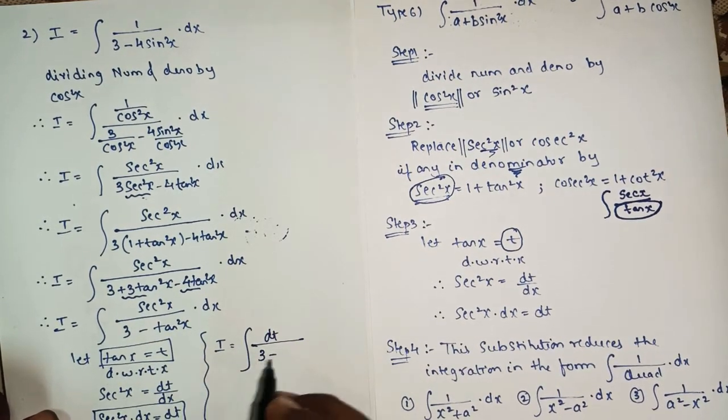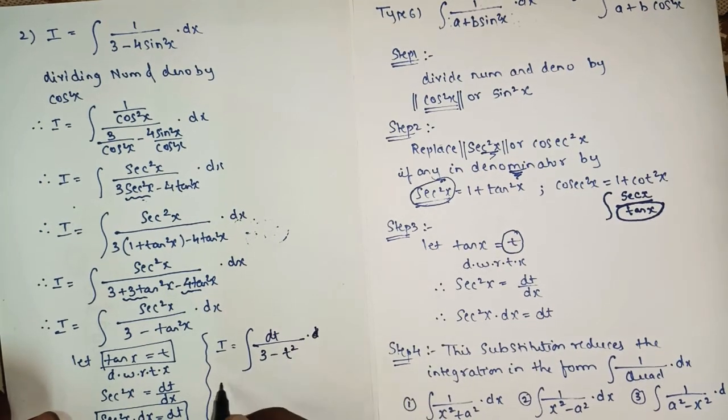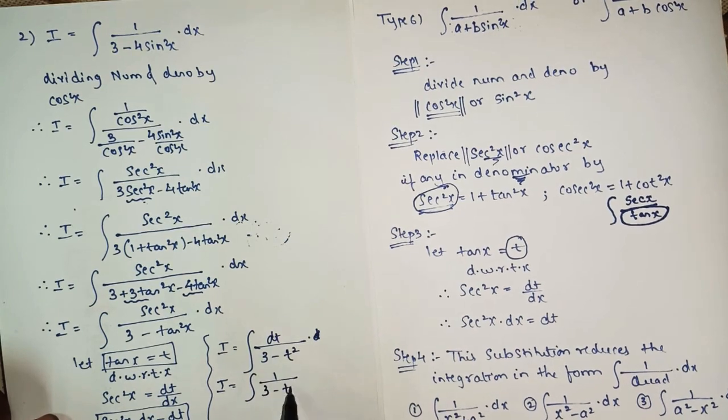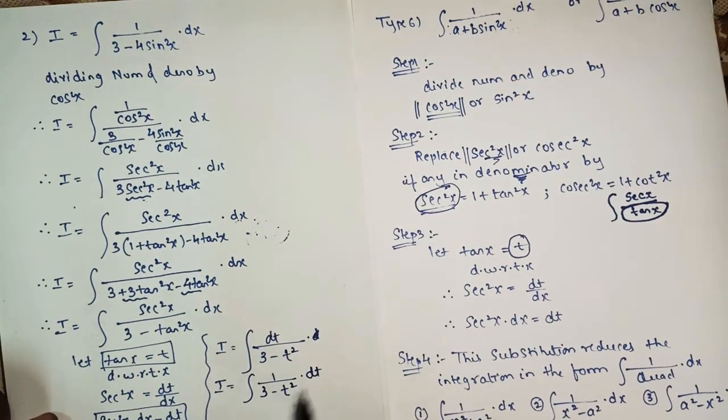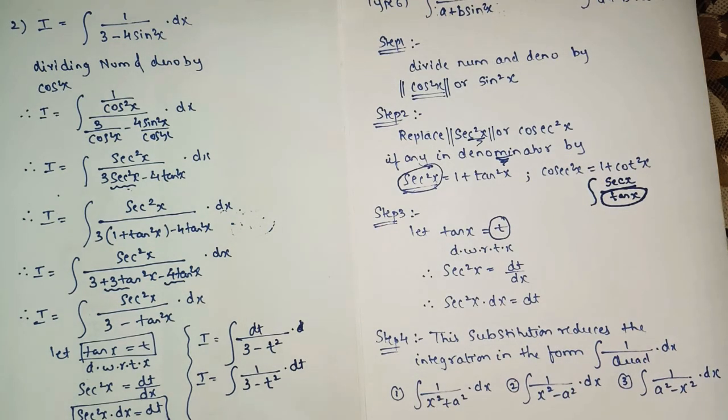Tan x we can write as t, so here it will be t square. Okay, so further this we can write as what? 1 upon 3 minus t square into dt. As in step number 4 it is mentioned that this substitution will reduce the integration to the form of 1 upon quadratic.